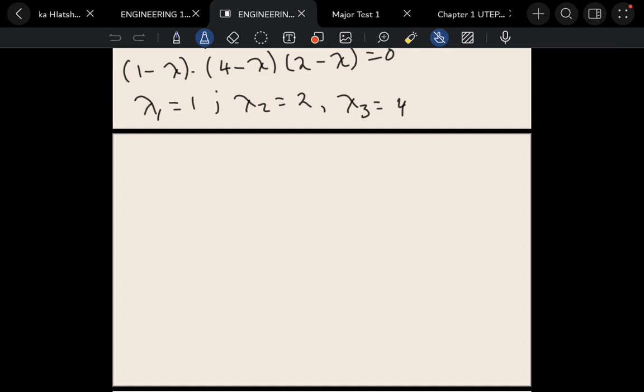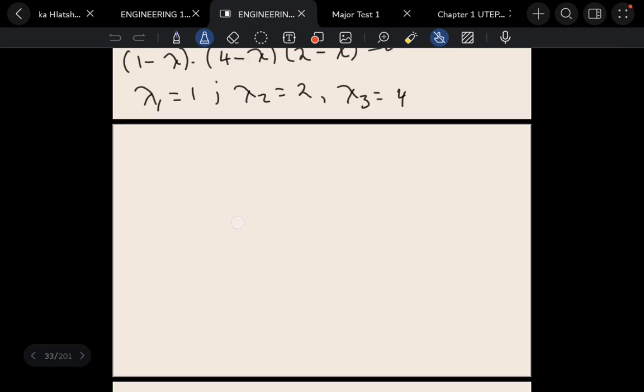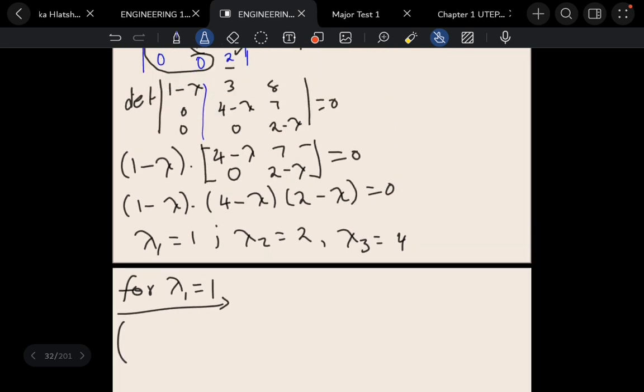So for lambda 1, it's going to be a long process, but bear with me. For lambda 1 equals 1, I'm just going to say, okay, this is the matrix.